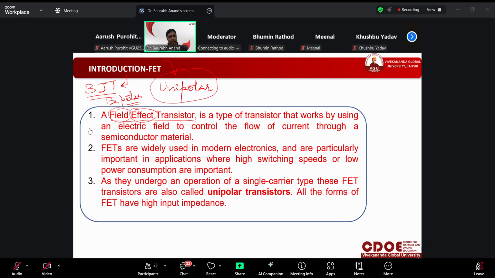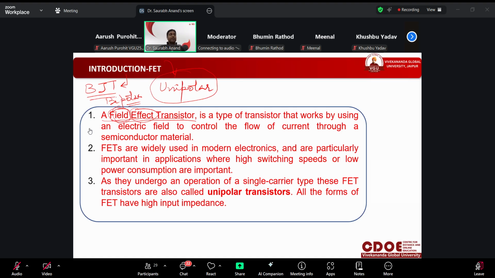And what is conduction? Conduction means the flow of charge carriers, and the flow of charge carriers is nothing but the flow of current. So ultimately the flow of current can be controlled by the field, that is, the area of the field. Have you understood the name, field effect transistor?